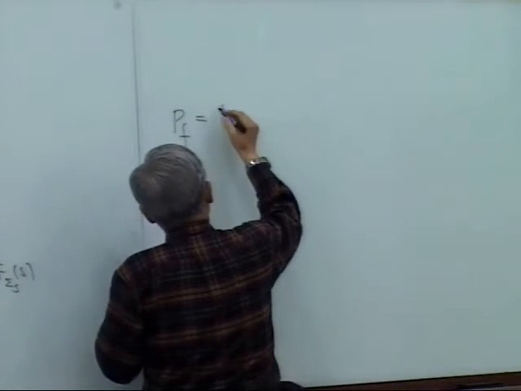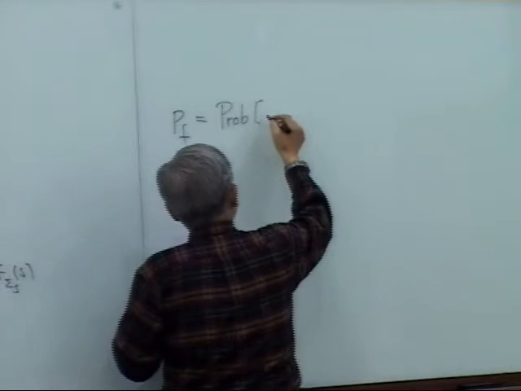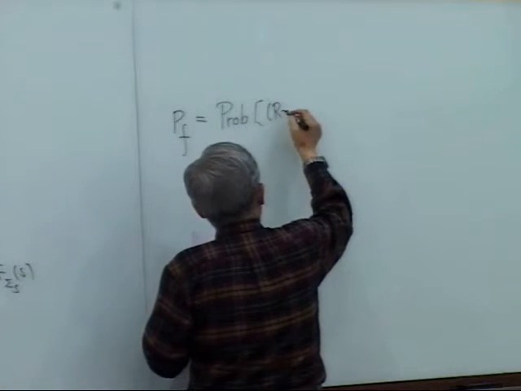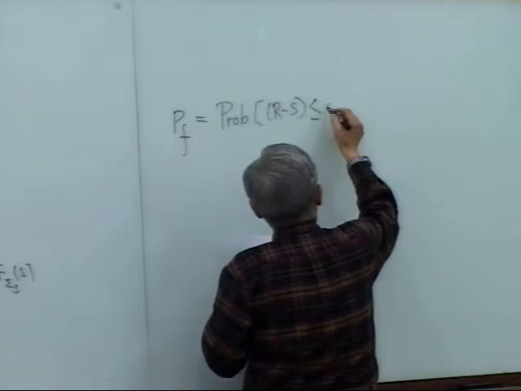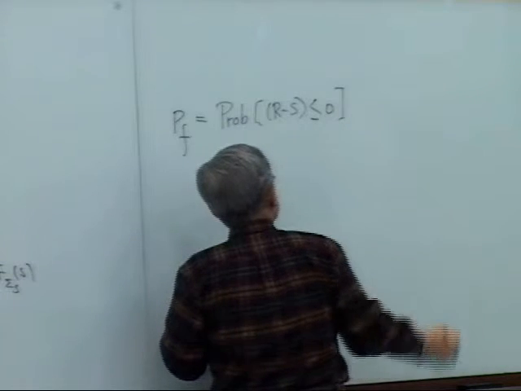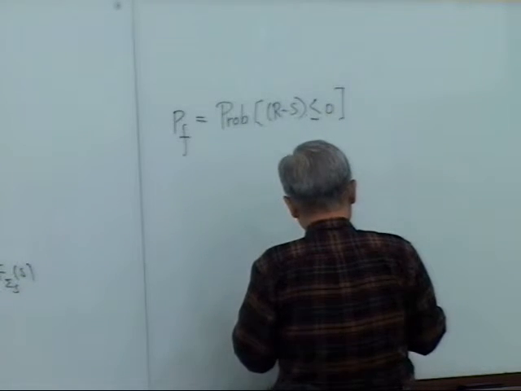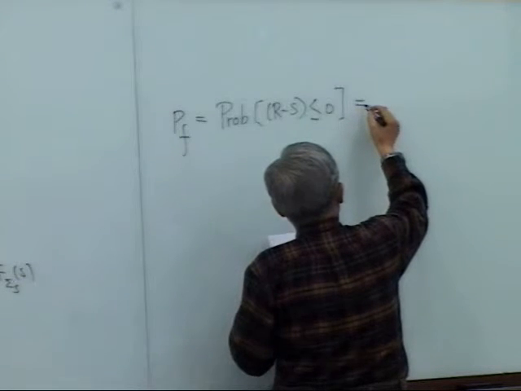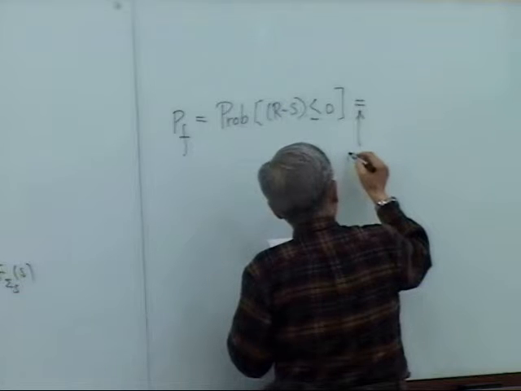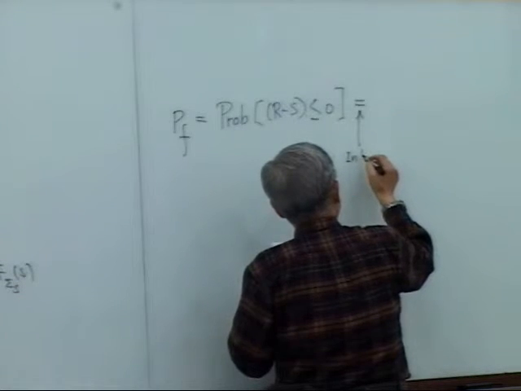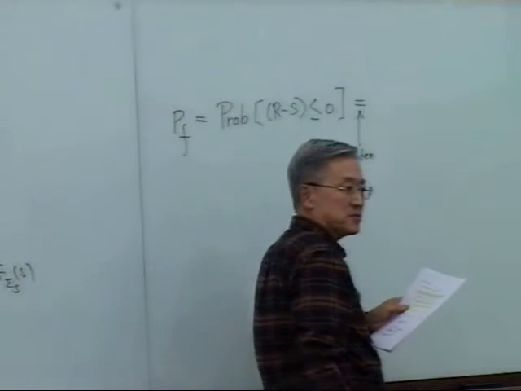is, again, as I wrote down there, a probability such that R minus S is less than or equal to 0, or you can write this one, and here I can put the independent assumption.